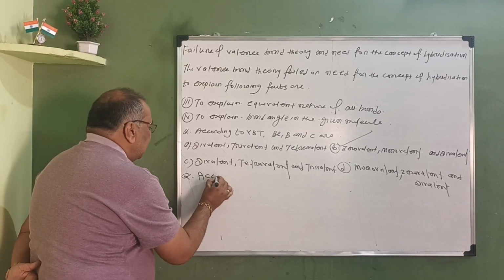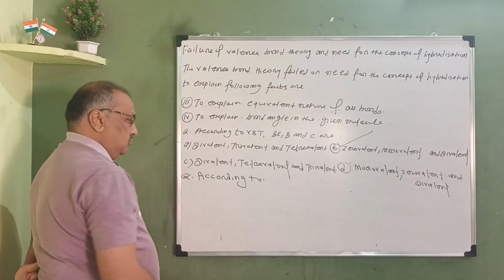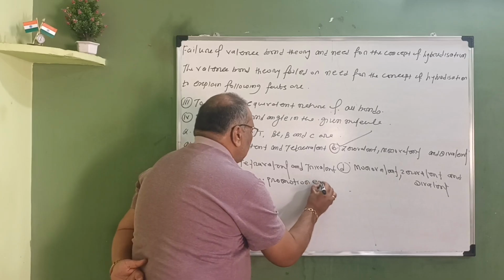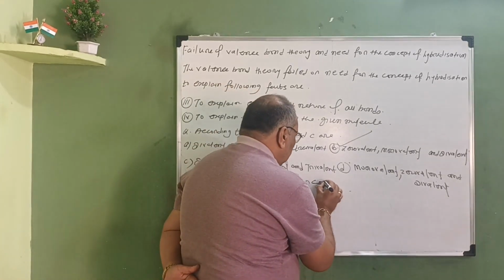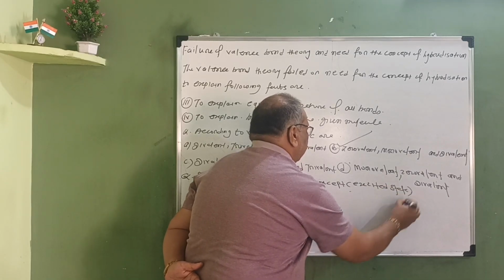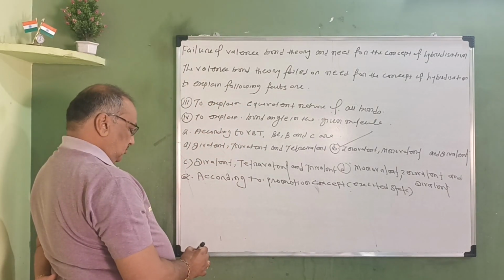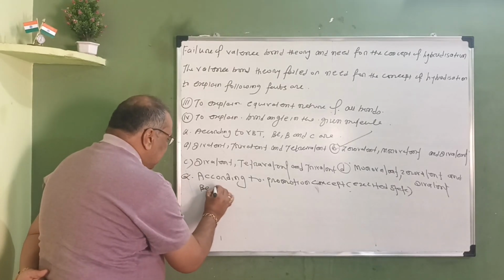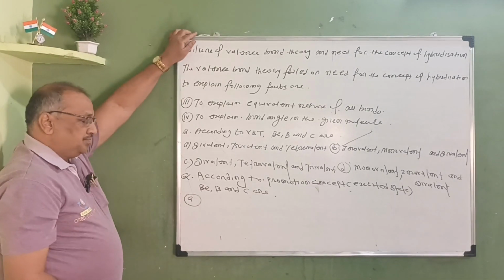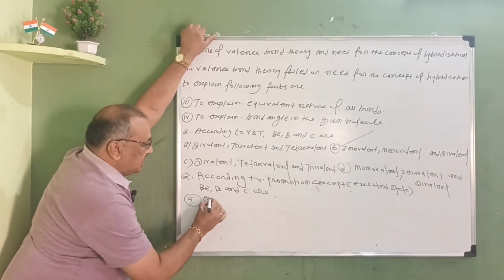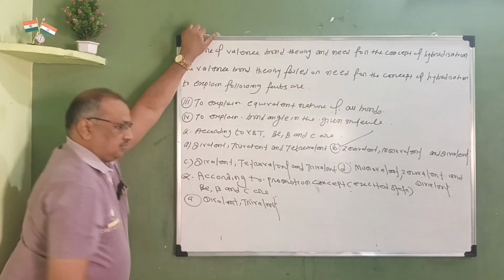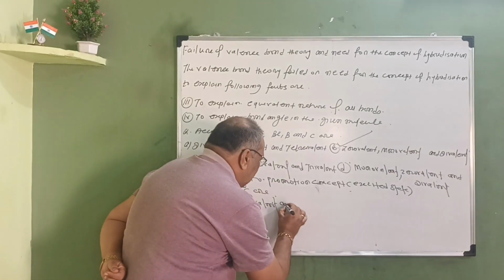Second question, according to promotion concept, or excited state, beryllium, boron and carbon are, again here write down same options: divalent, trivalent and tetravalent.